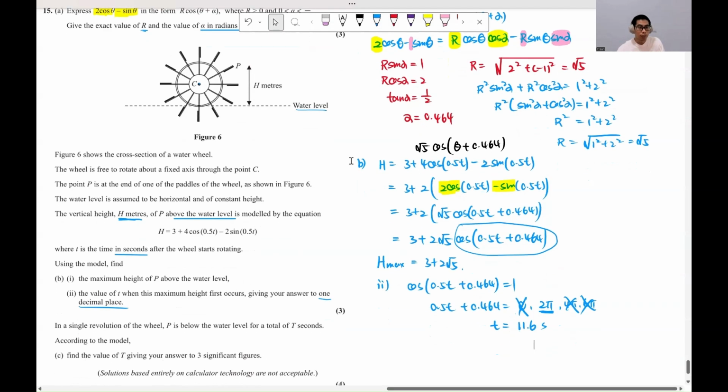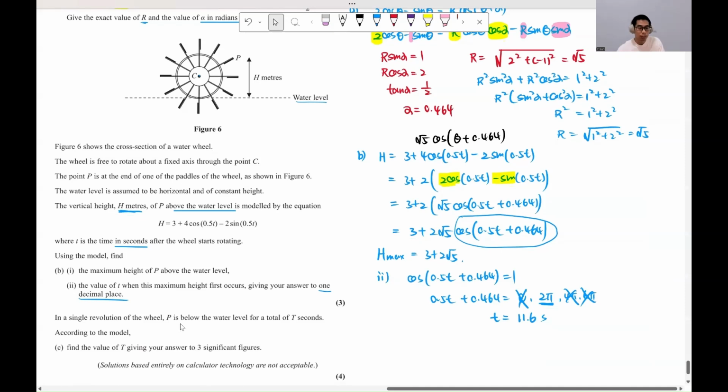In a single revolution of the wheel, P is below the water level for a total of t seconds. So according to the model, C, find the value of t, giving your answer to 3 significant figures. We want to find that time below the water level. Because h meters is the height above the water level, if it's below the water level, then the height has to be less than 0.